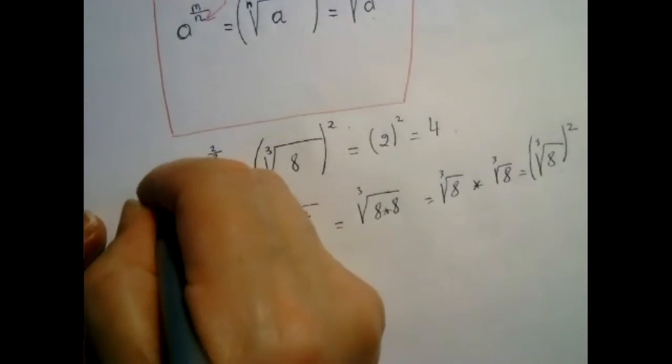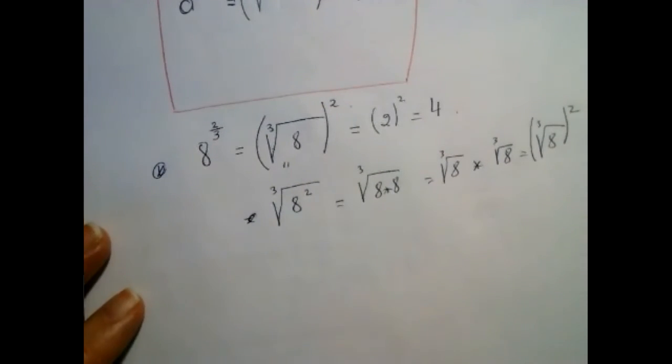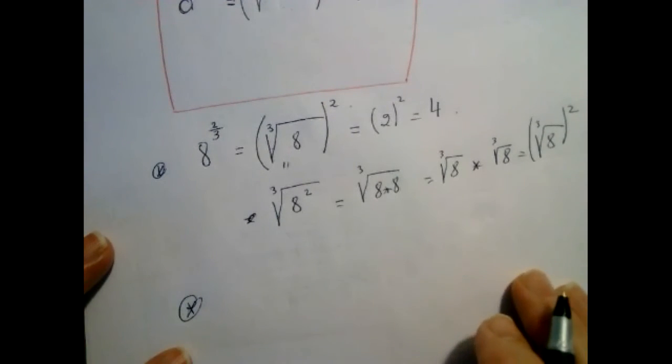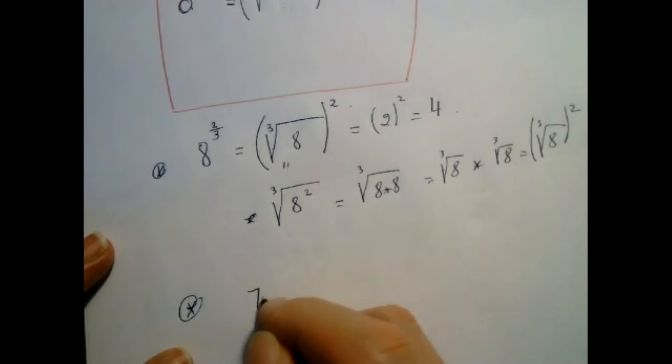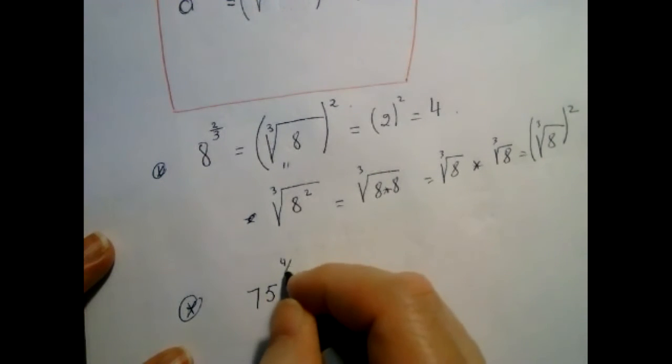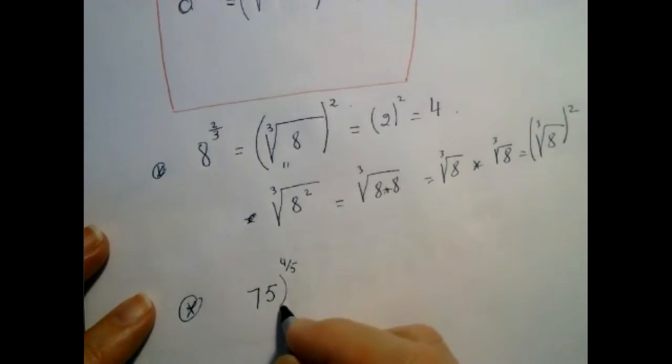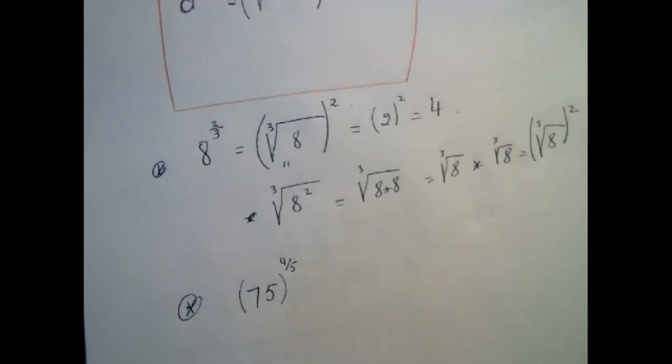Another question along the same line is crucial for us to understand those exponents. I'm going to put something like 75 to the power 4/5. I don't want the answer now, but I want you to rewrite this correctly using root. So what will this become?